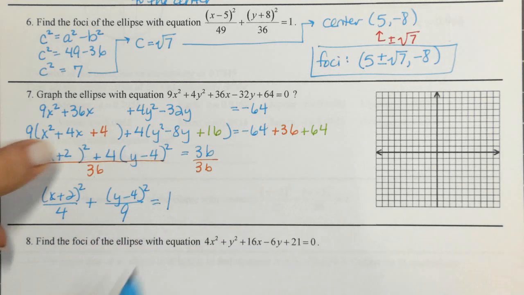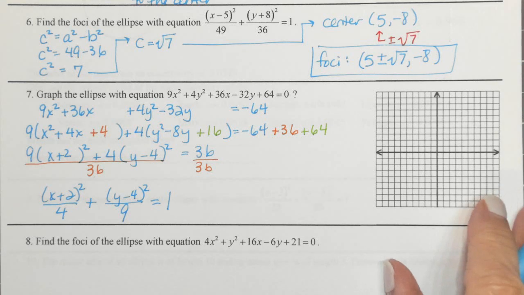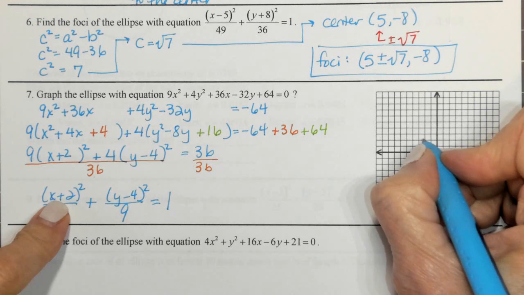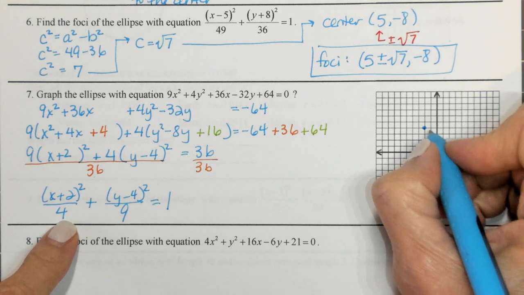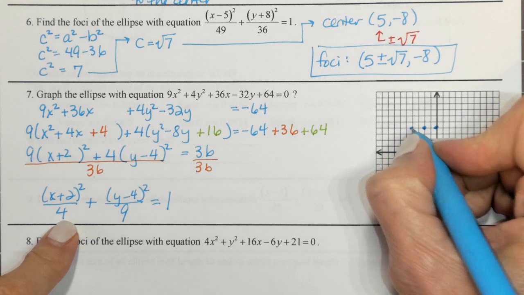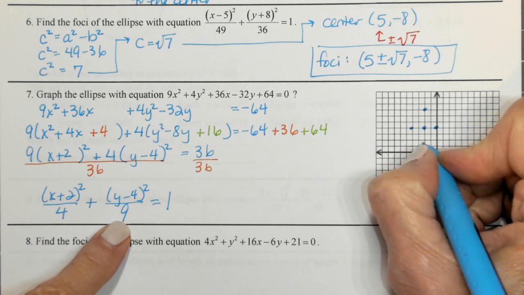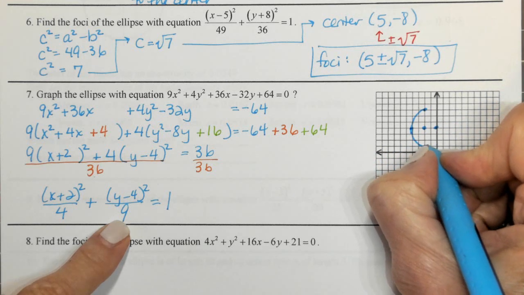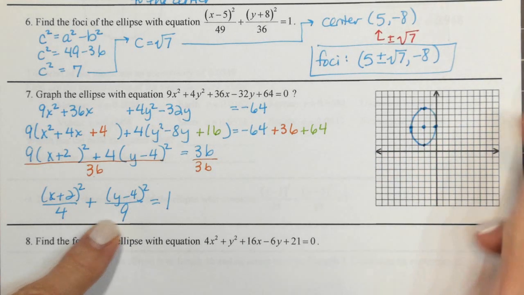And that is equal to 1. So now I have everything I need. I can go graph. The center is at -2, +4. I'm going to go 2 units in the x direction, 3 units in the y direction, and sketch my ellipse. Just like that.